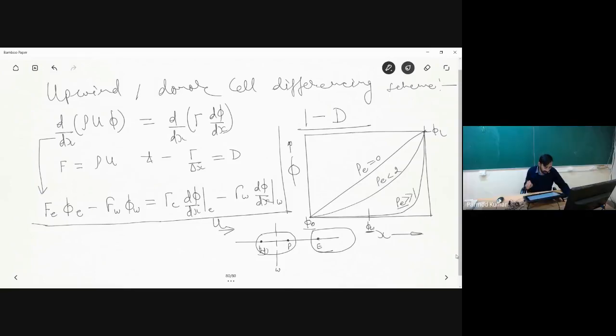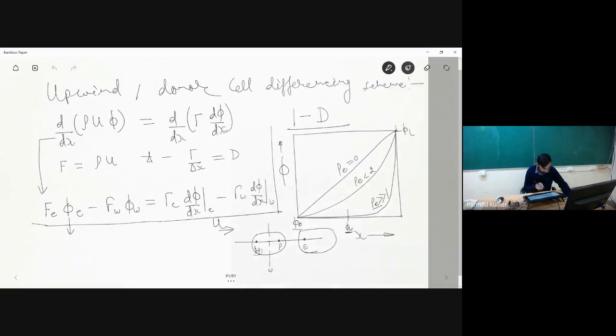Okay. So now while we have considered the central difference approximation for obtaining the property at the east face of our control volume, we considered equal weightage for both the nodes on either side of this face.